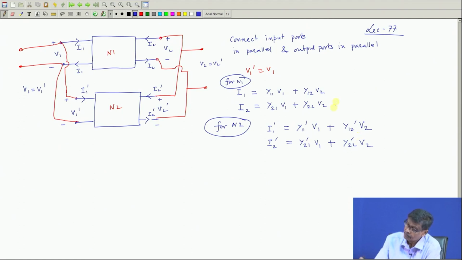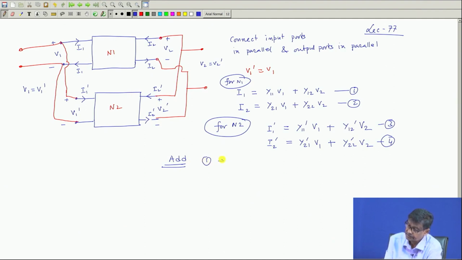Okay. Now, what you do is, if you call these equations 1, 2, 3, 4, then add 1 plus 3.